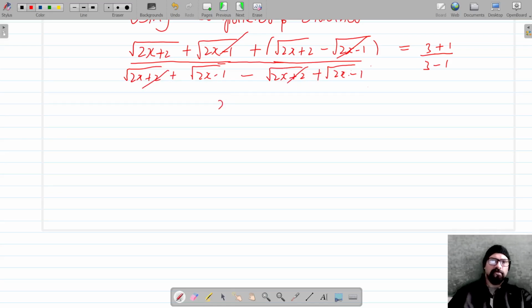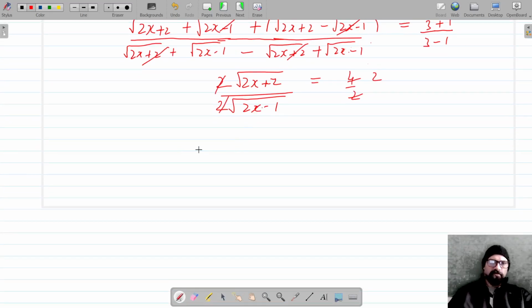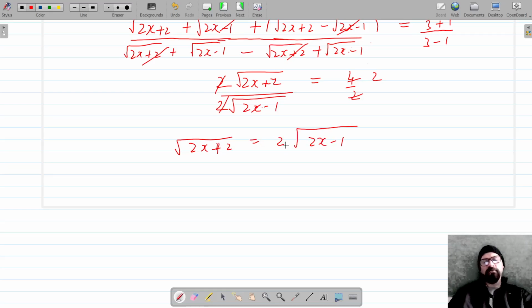So we have 2 times under root 2x plus 2 on 2 times under root 2x minus 1 is equal to 4 by 2, which is 2. 2 and 2 get cancelled. So this becomes 2x plus 2 is equal to 2 times under root 2x minus 1.